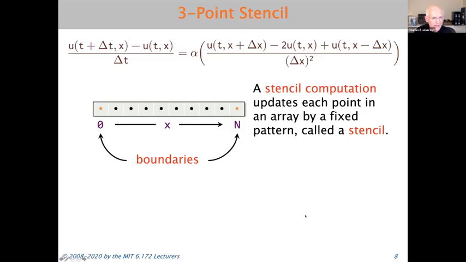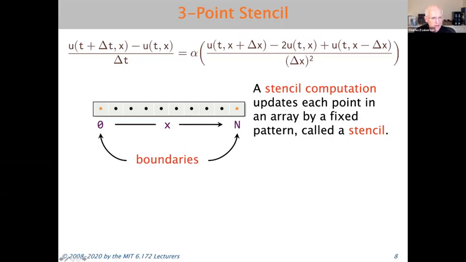The way we deal with that is we're going to make what's called a 3-point stencil. Basically we're going to have a set of discrete points in X representing the metal bar, or whatever it is that we are finding heat on.